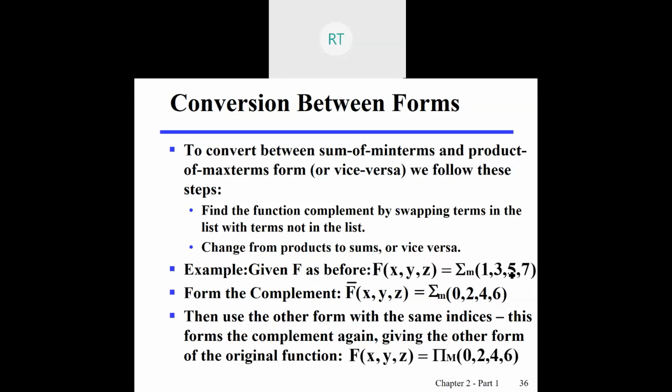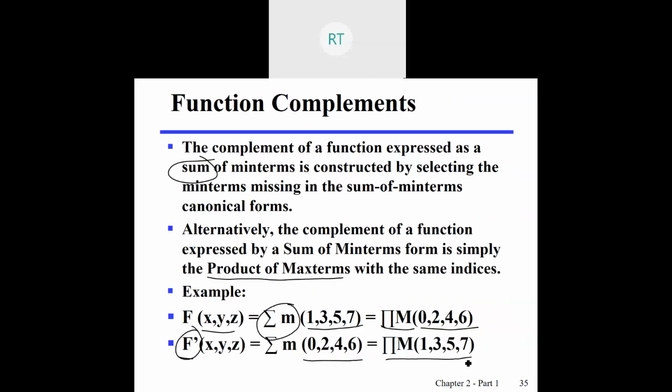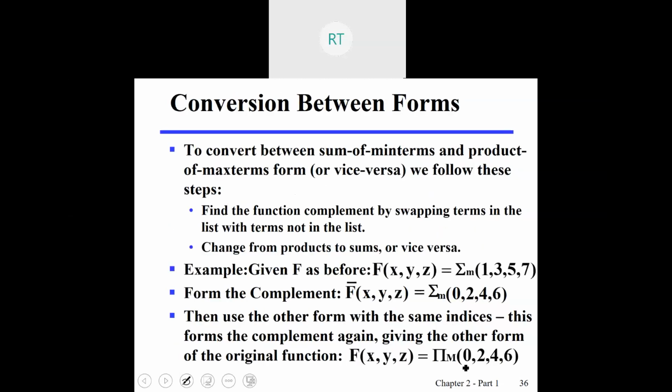So here now, 1, 3, 5, 7, I have ones, and 0, 2, 4, 6, I have the zeros. When you complement f bar, you will have your ones now in 0, 2, 4, 6. You use the other form with the same indices. This forms the complement. So f of xyz is equal to pi of big M 0, 2, 4, 6, because this tells me where I have my zeros. Exactly. Okay.